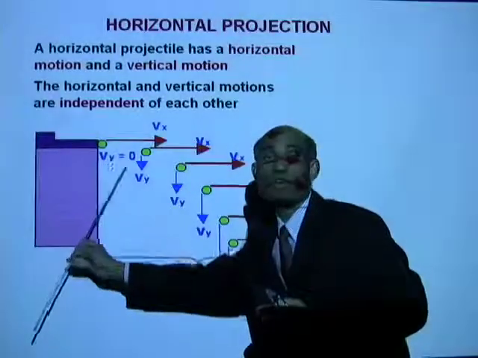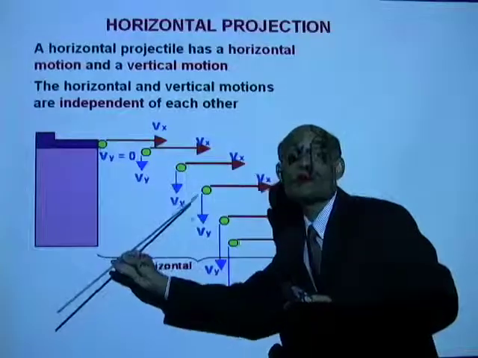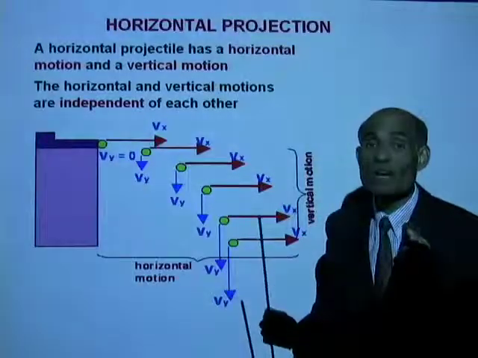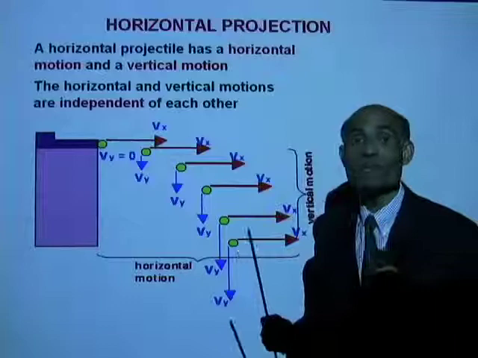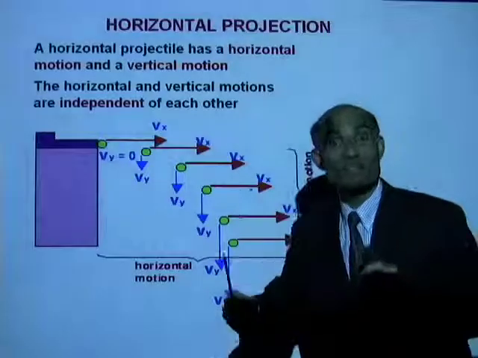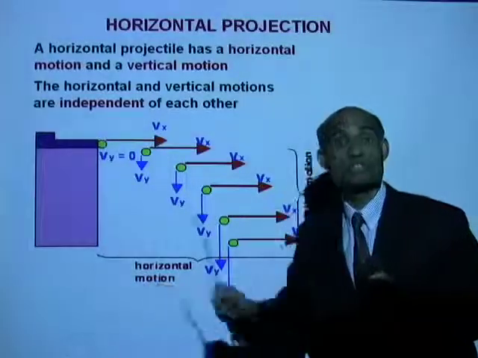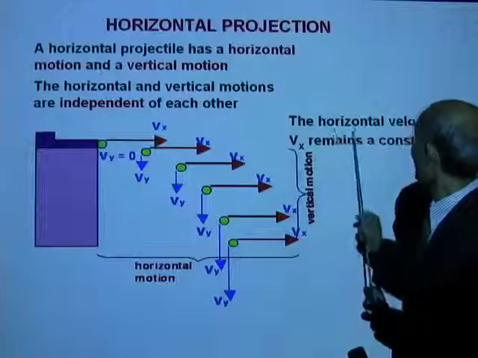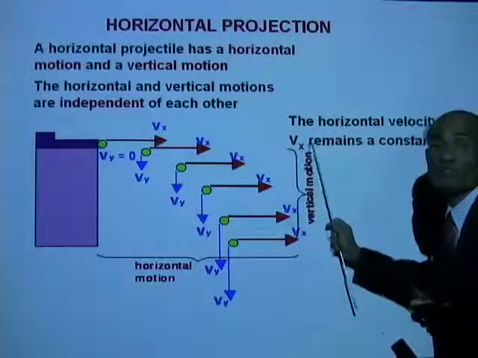The y velocity will keep on increasing according to the equation Vy equals Vy0 minus gt. The horizontal velocity v sub x remains a constant.